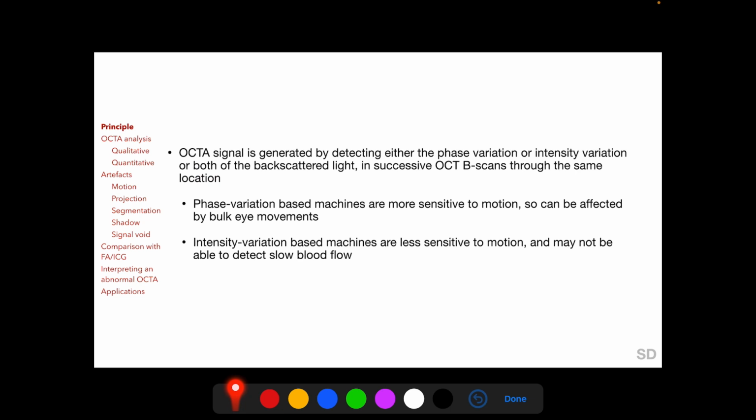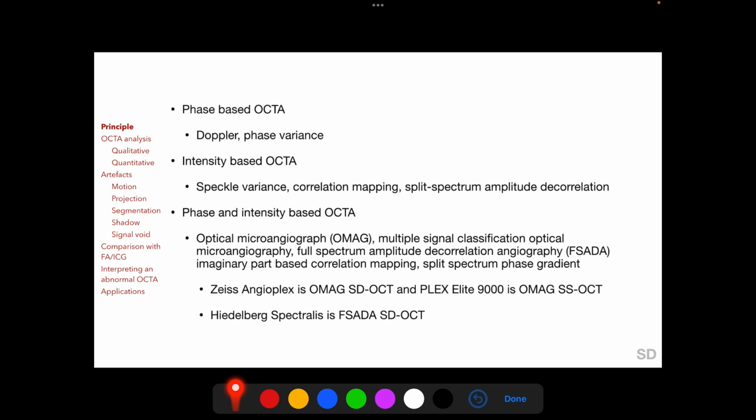Machines based on phase variation detection are more sensitive to motion and so can be affected by bulk eye movements, and machines based on intensity variation detection are less sensitive to motion and may not be able to detect slow blood flow. And this is the subclassification of the various OCTA technologies based on phase variation detection, intensity variation detection, and both phase and intensity variation detection.